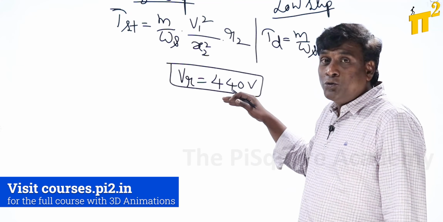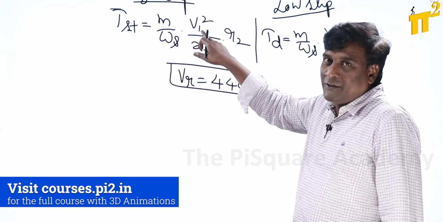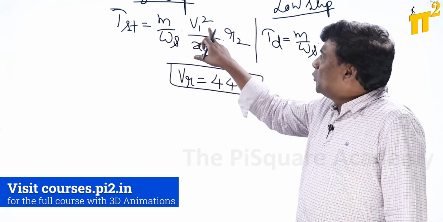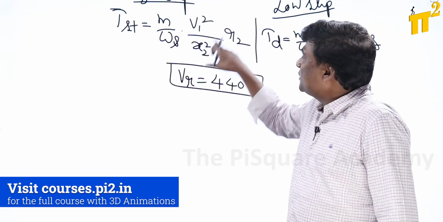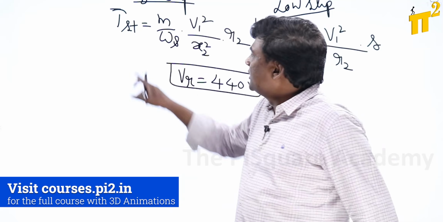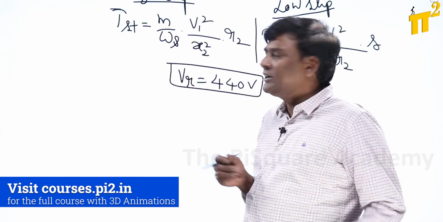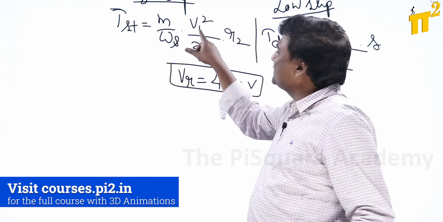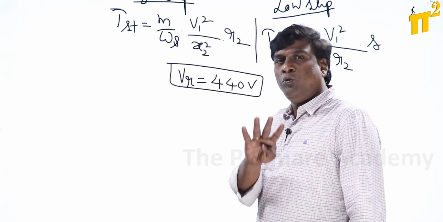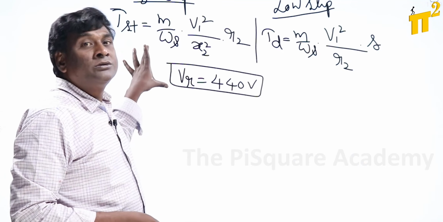So I am supposed to reduce the voltage, not increase it. If the voltage is reduced to 75% without touching anything, what is going to happen? 0.75 square, so starting torque is going to be reduced. For easy calculation, if the voltage is reduced by 50%, starting torque will be reduced by 4 times, or 1/4 of the previous starting torque. In that way questions can come.